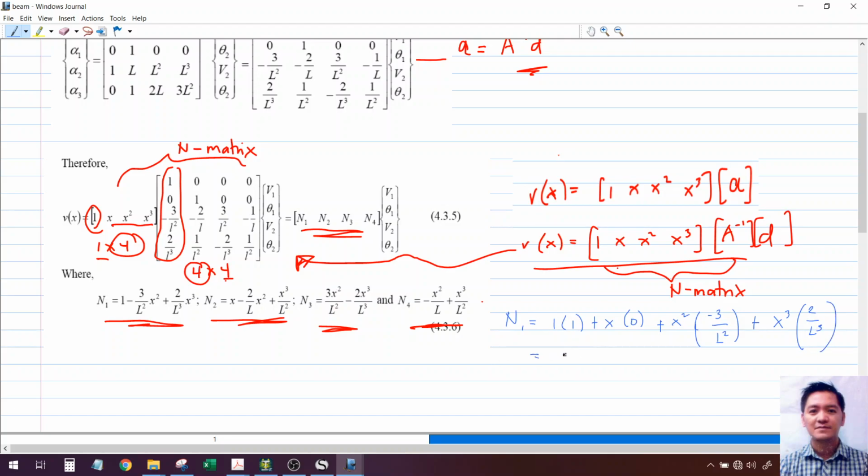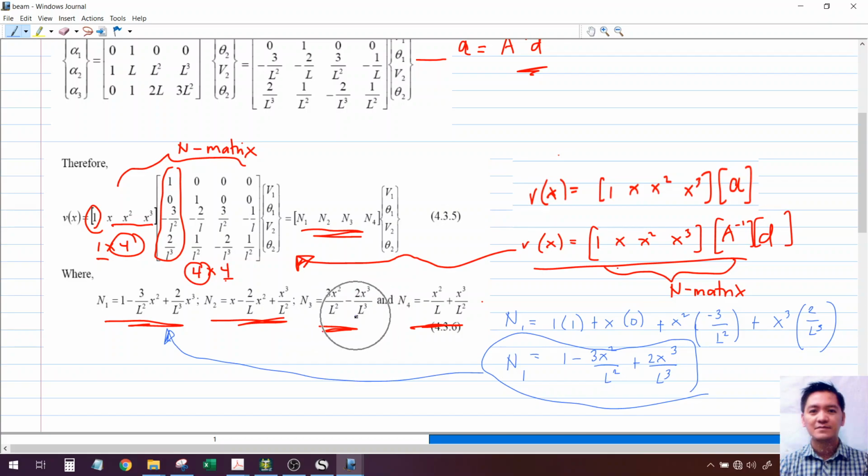Which, what do we got? 1 minus 3x squared over L squared plus 2x cubed over L cubed. So that is our N1, which is this. Okay, so you do the same process for each n matrix, n2, n3, n4. You'll come up with this.